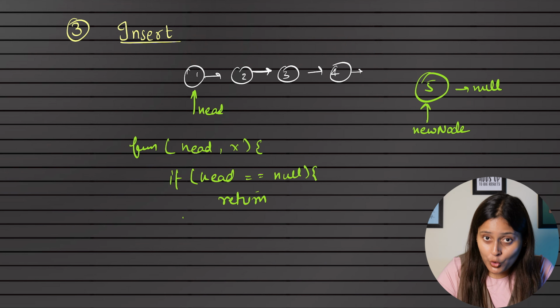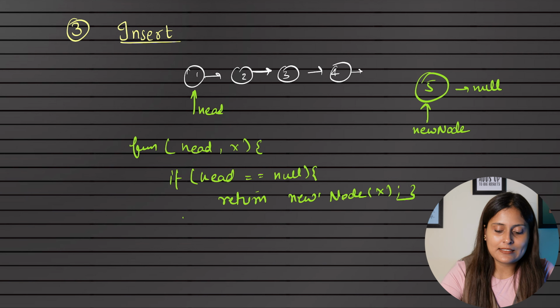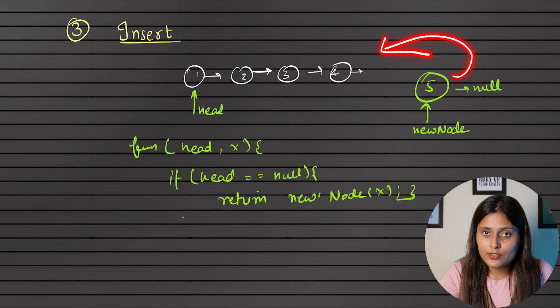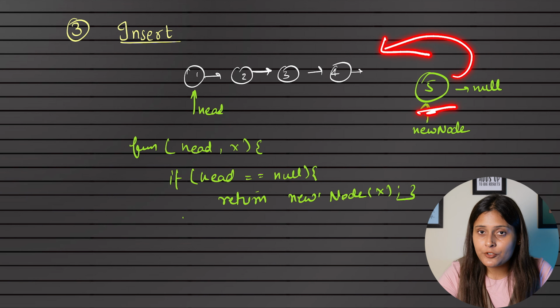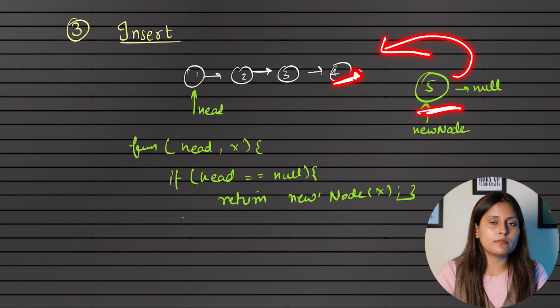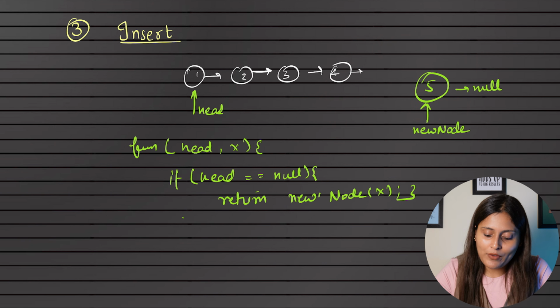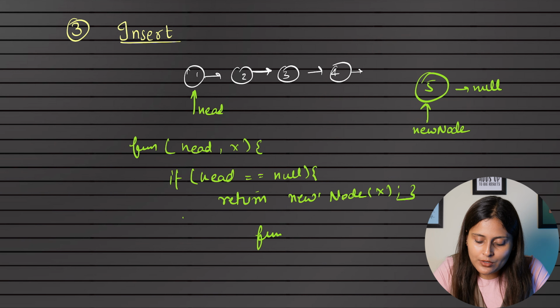So I will create a node and return a new node with value x. Now 5 will get created and 5 will get returned. So I need this 5 to get saved to the previous call. Previous means definitely it will be head. But where? head.next. So I know one thing, I will call the function on head.next, and x will be the same.